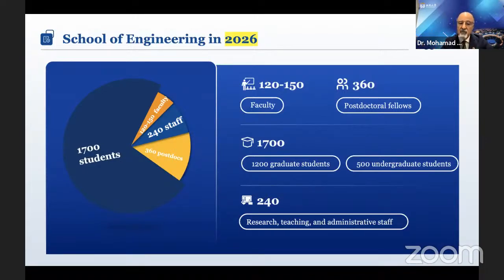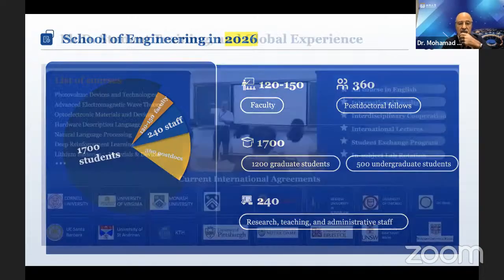So of course we have all the needed preparation or logistics to go to those numbers. We talk about 1,200 graduate students, mainly PhD, and only 500 undergraduate students, very selective for undergraduate. And then we talk about 240 research, teaching, and administrative staff to handle all this.